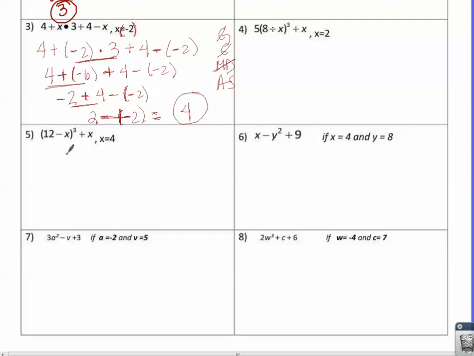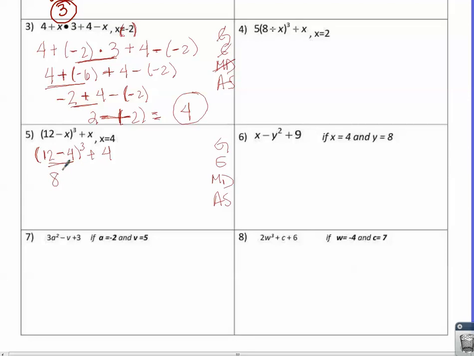Let's look at number 5. Substitute in 4 everywhere there's an x. First, you want to do your grouping. So your grouping here is 12 minus 4, which is 8.